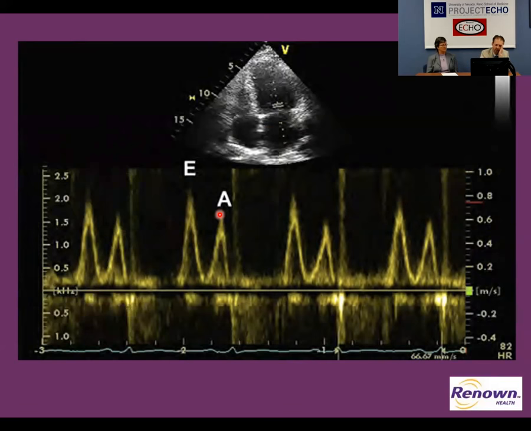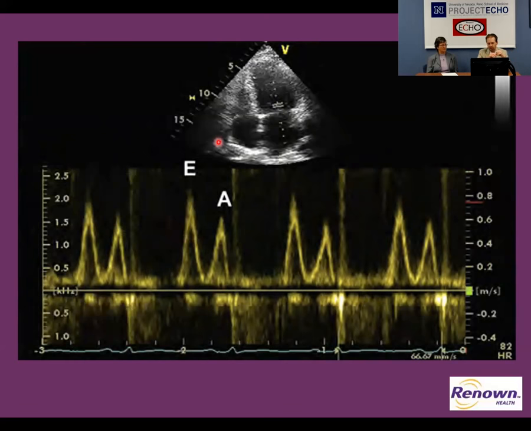And so the relative velocities of the E and the A wave tell us about diastolic filling. So with diastolic dysfunction in grade 1, you'll get a muted E wave and a higher A wave, so-called E to A reversal.